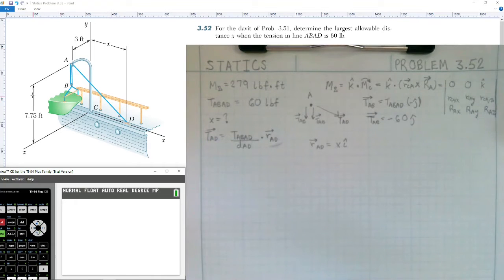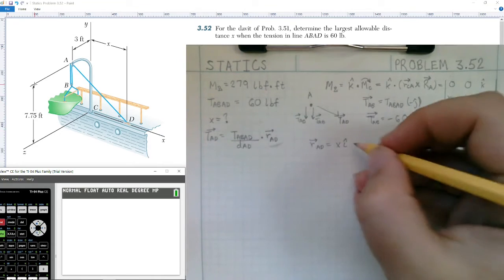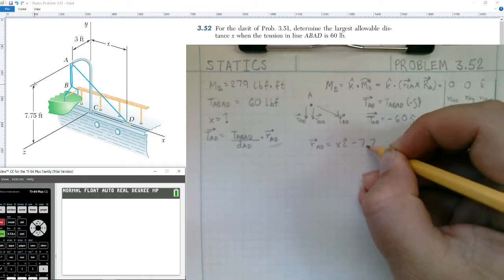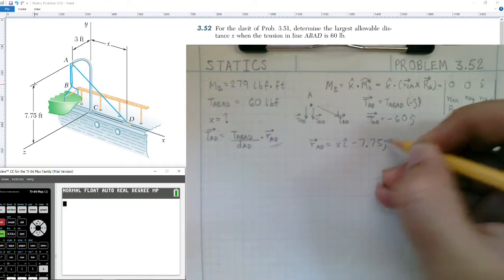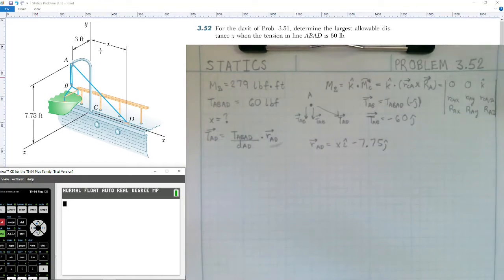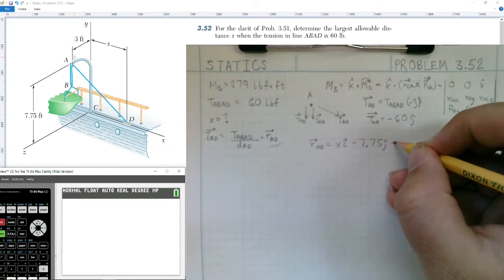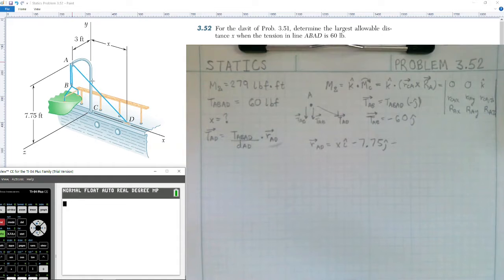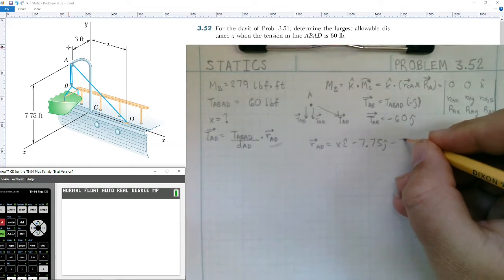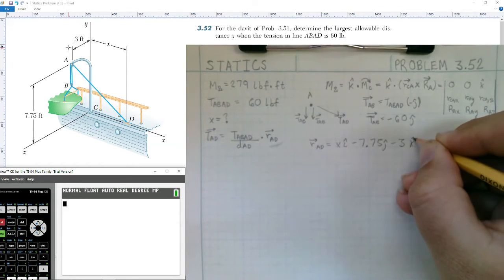We're going down 7.75 feet, so minus 7.75 in the j hat direction. And on the z-axis, plus, actually we're going into the page, I apologize, going from A to D, not D to A, we're going into the page by 3 feet, so it would be minus 3 in the k hat direction.